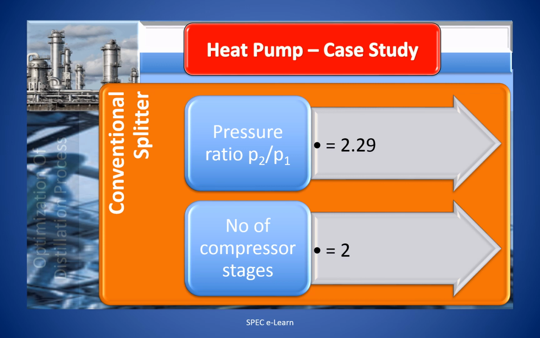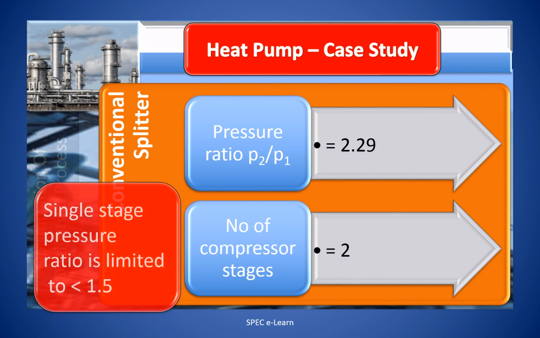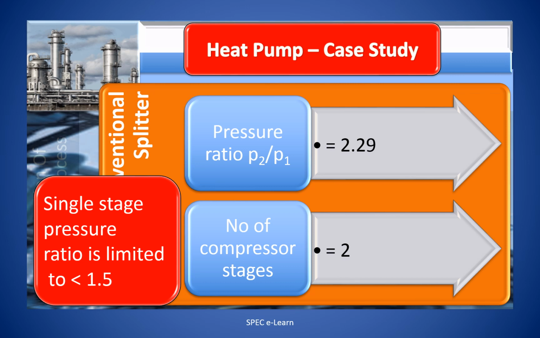The pressure ratio of a single stage centrifugal compressor used in the petrochemical industry is limited to less than 1.5. Hence, a single stage compressor is not adequate. Hence, a two-stage compressor is selected.